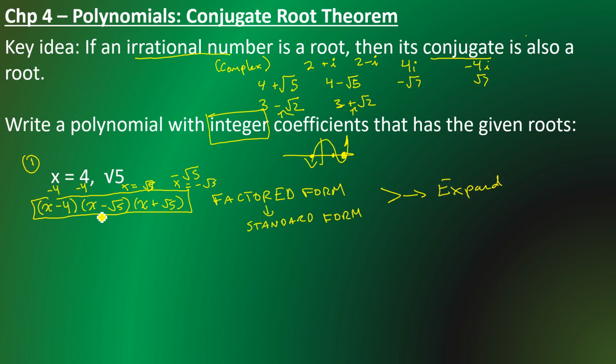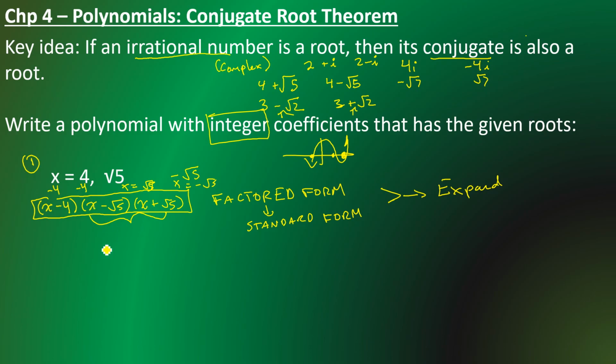And expand simply means I'm going to multiply all this out. And it can be very tricky because if I start with multiplying this x minus 4 into this, I'm going to get a mess. I'm going to get a mess anyway, but that will make it worse. I want to multiply the conjugates first, so I'm going to multiply these two things first.